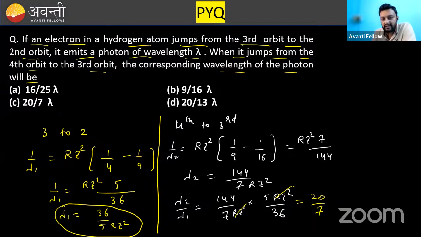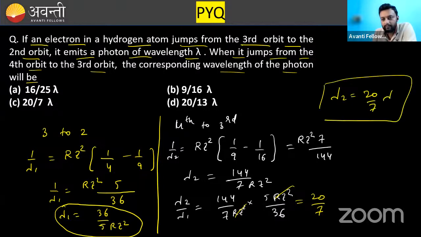The ratio is 20 by 7, so lambda 2 will be 20 by 7 lambda. That is the answer, which is option number C. So that's very good. Veena is also doing a great job here. Very good, Veena.